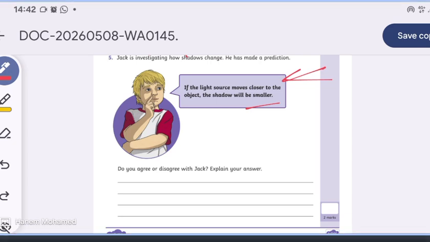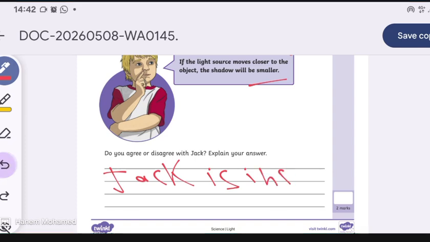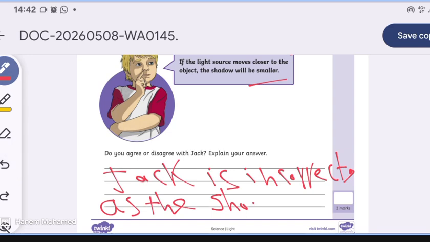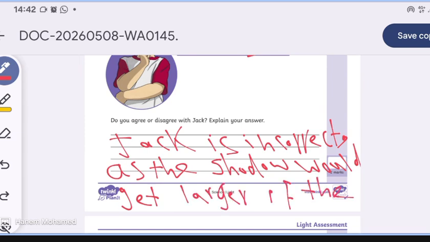Why is that? You have to explain the shadow will get bigger or larger if the light source moved closer. So we said Jack is incorrect. We are going to explain the opposite: the shadow would get larger if the light source moved closer.